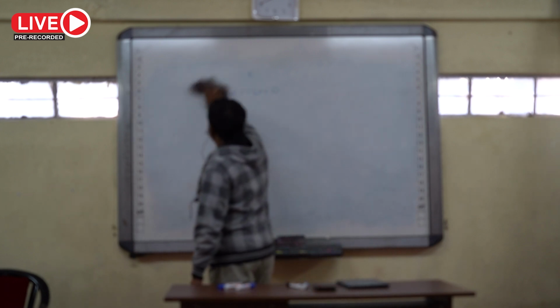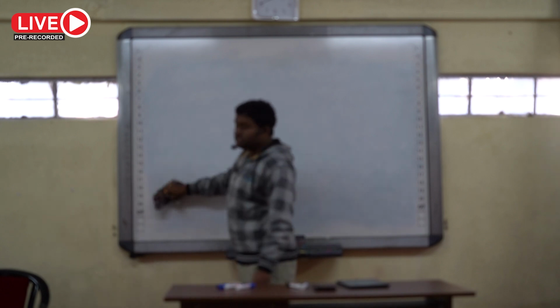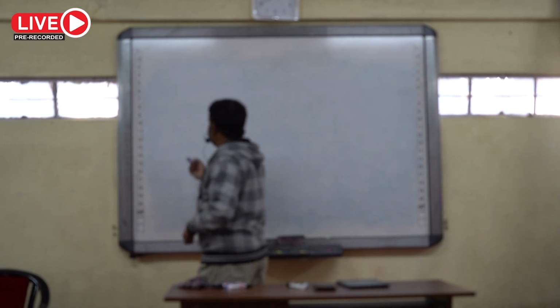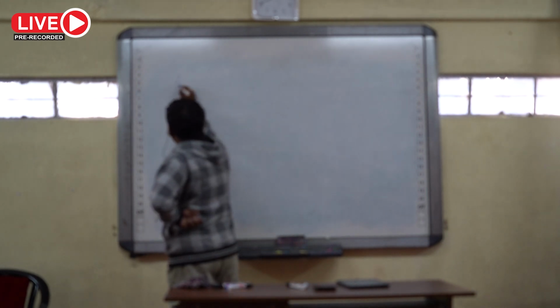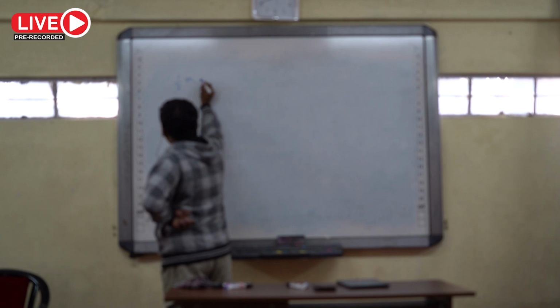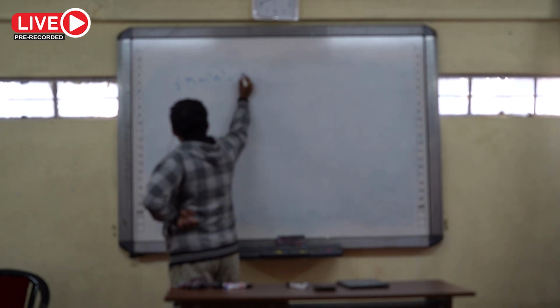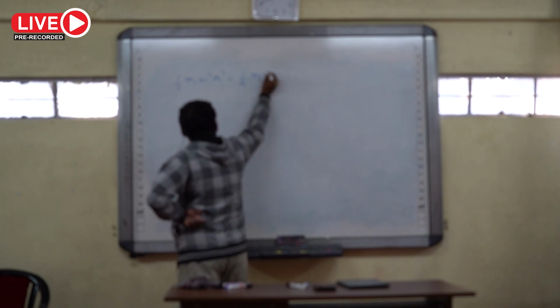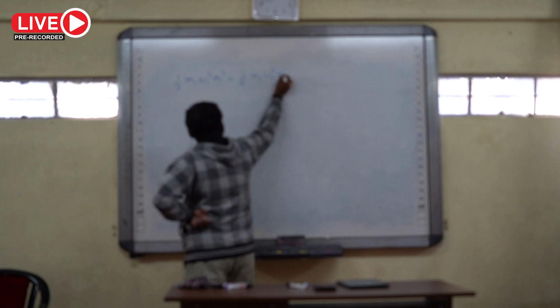For two oscillators, if I equate the vibrational energies, then I can write half m1 omega1 square A1 square equal to half m2 omega2 square A2 square.